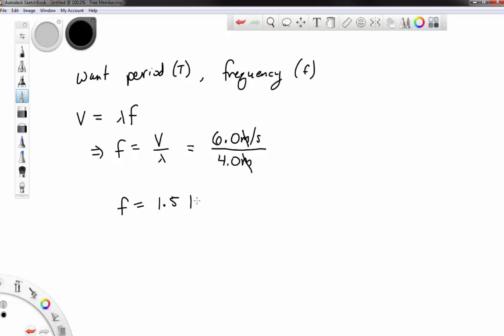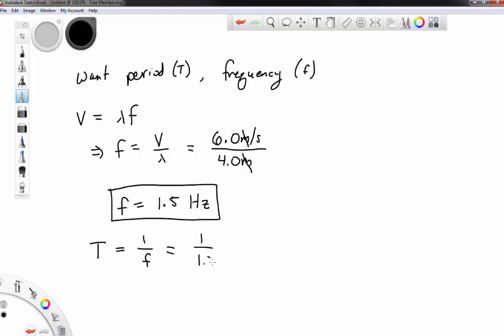So per second is the same thing as hertz. Okay, the next thing that we wanted was to get the period. So recall that period and frequency are reciprocals of each other. So the period is going to be 1 over 1.5 inverse seconds.